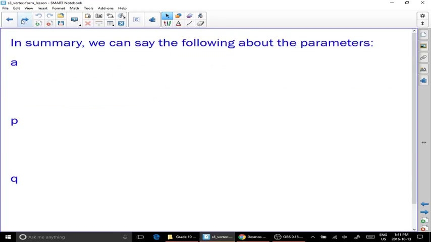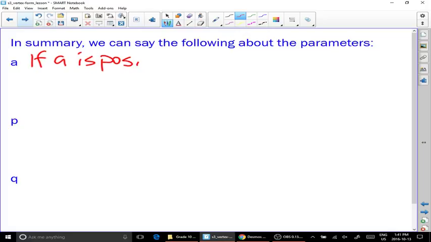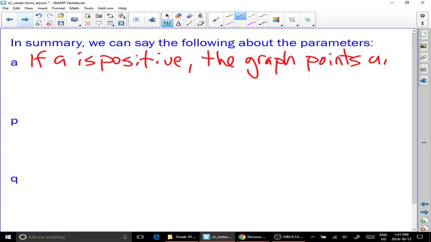On the next page, we can say the following things about the parameters. This is what we'll say. If a is positive, the graph points up.